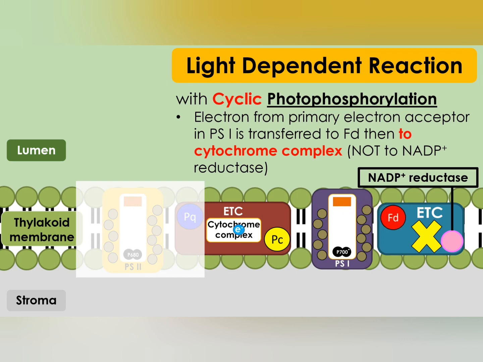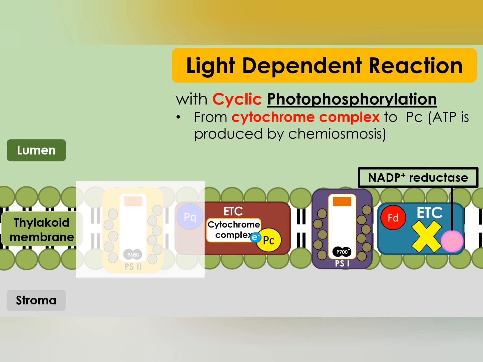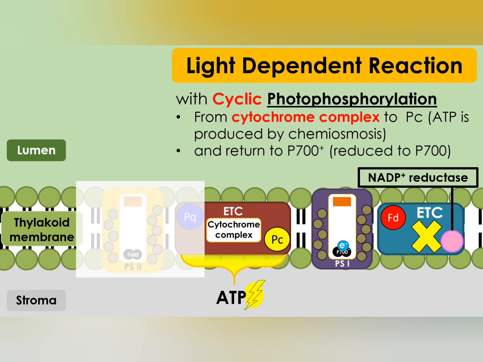Similar to what happened previously during non-cyclic photophosphorylation, flow of electron through the cytochrome complex will generate potential energy, which is then used to phosphorylate ADP into ATP during chemiosmosis, and then P700+ will be reduced to P700.